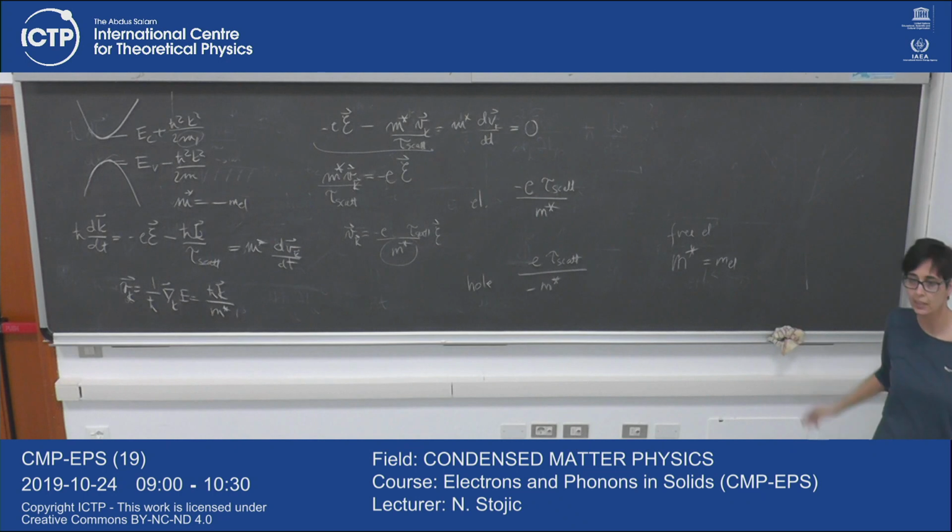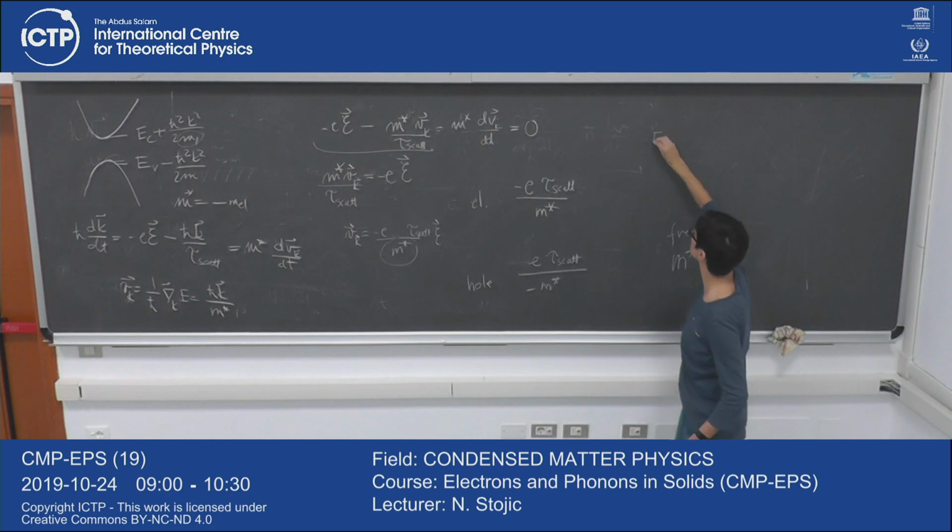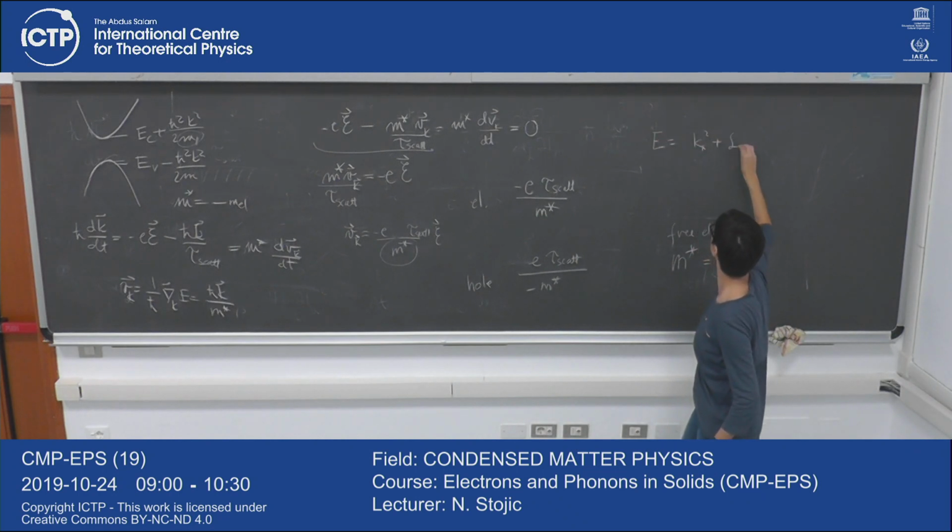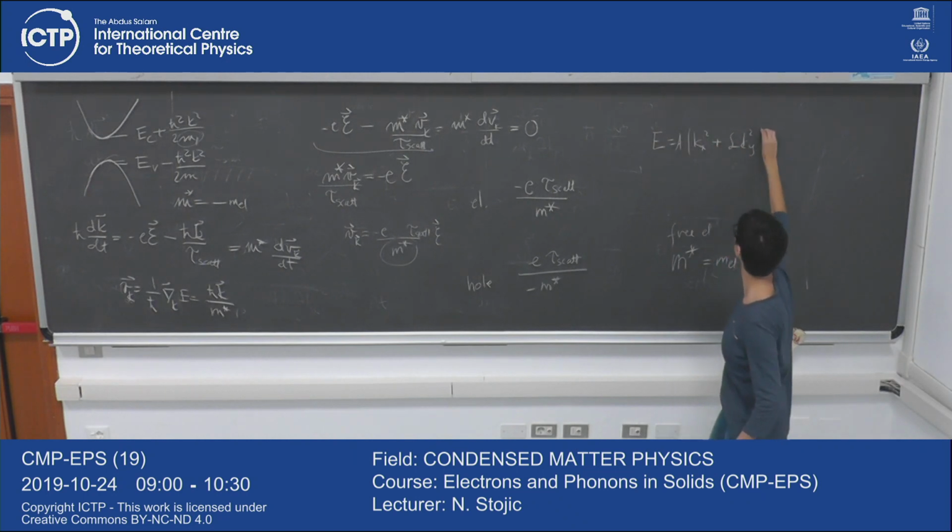So maybe stop copying and finish. We can try to solve it. Did anyone solve it, or try to solve it? You did, Jesus? No, you did something like this, so I thought it was yes. Anyway, the problem gave the energy dispersion as kx squared, I think with a constant before.